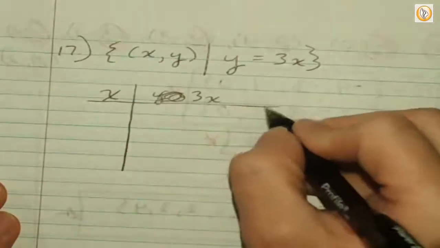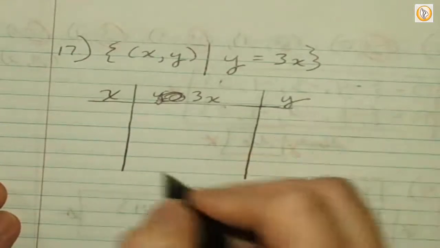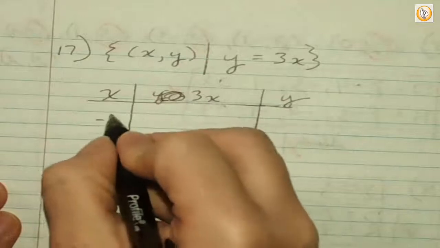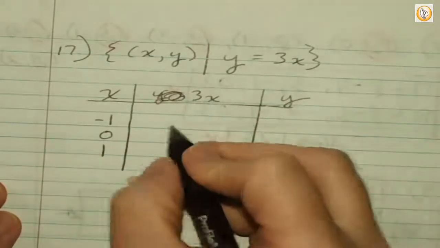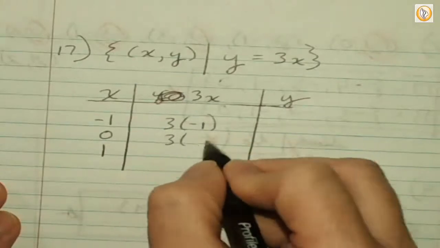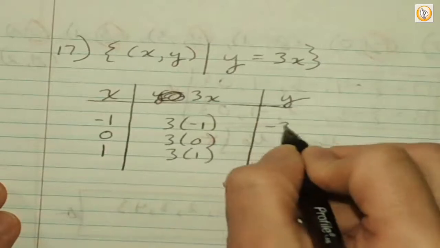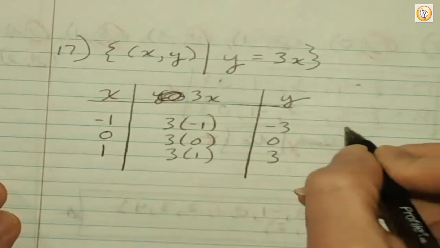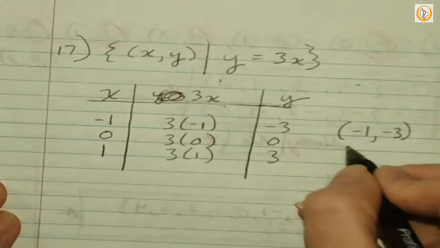You can put y equals, it doesn't matter. So I'm just going to do -1, 0, and 1. So this would be just like before. -3, 0. Your ordered pairs are here. It's just like the last graph.